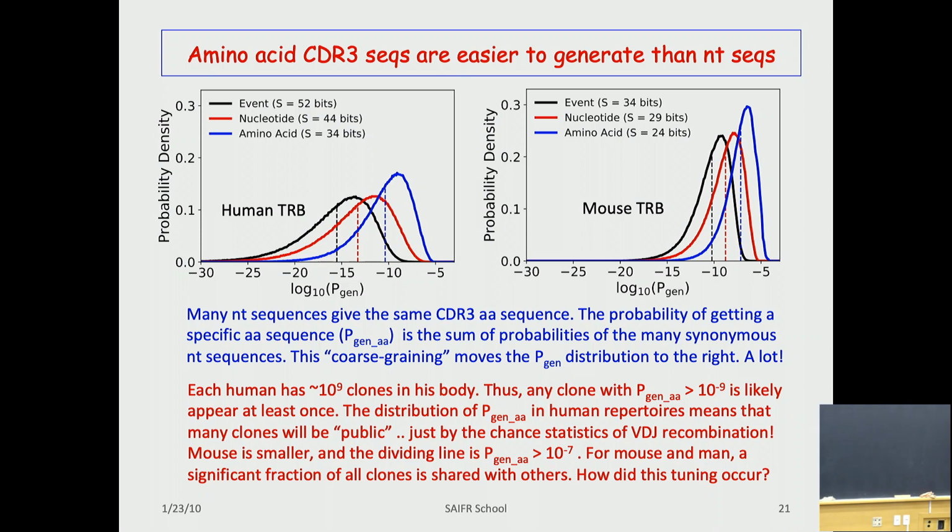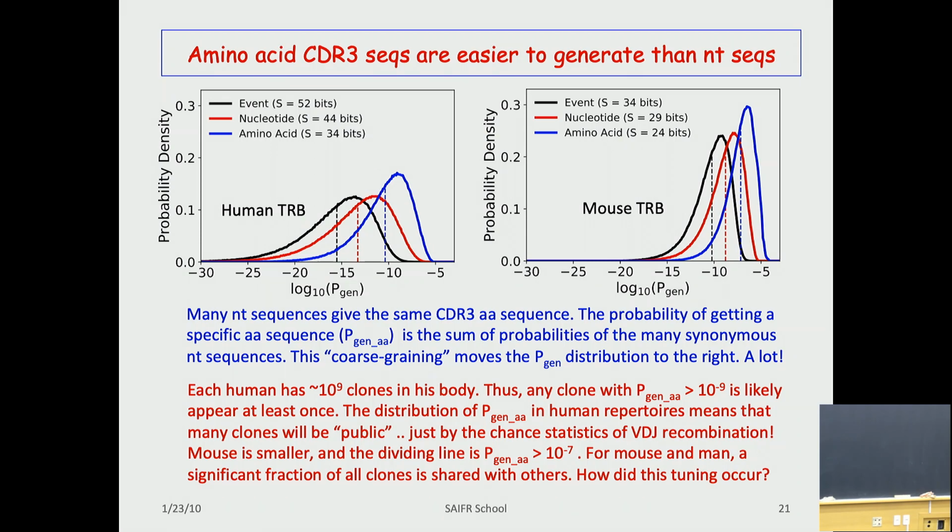And obviously, every probability is going to move to the right. If you do that collectively, you see that the probability distribution moves to the right quite a lot. So the blue curve peak is now much closer to, so to say, the max than the red curve. So many nucleotides give the same CDR3 amino acid sequence.